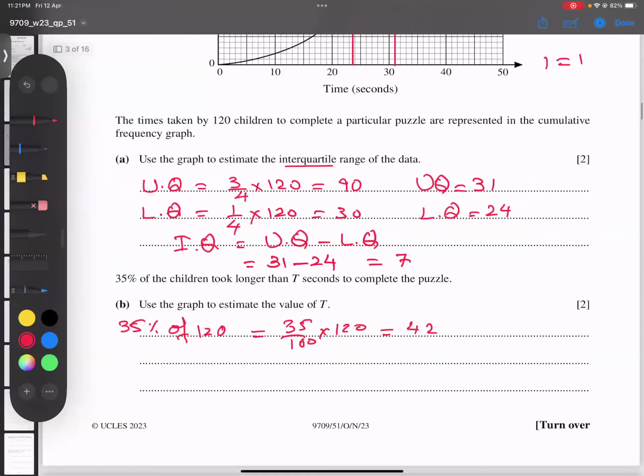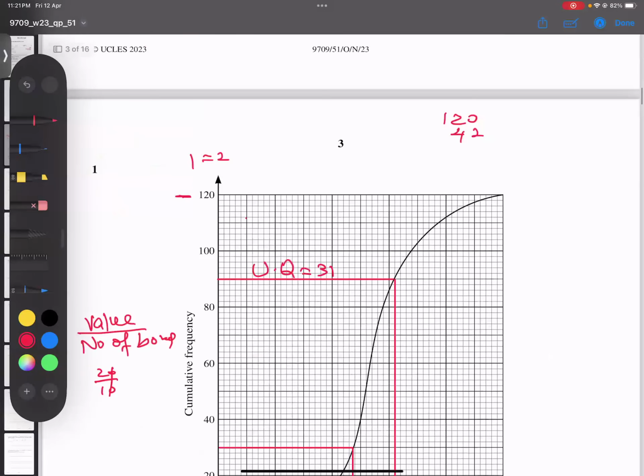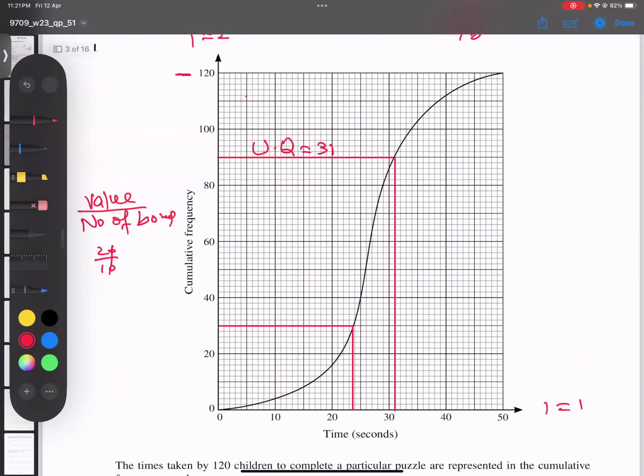If I subtract, 120 minus 42, we get 78. So 78 is the number. Where is 78? Because one box is 2, 78 is this number. It meets the curve here.